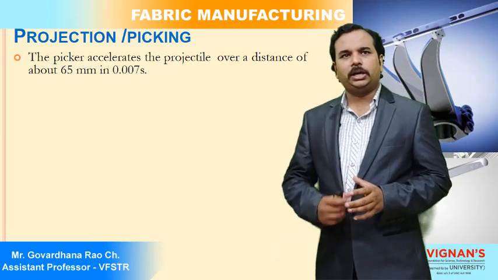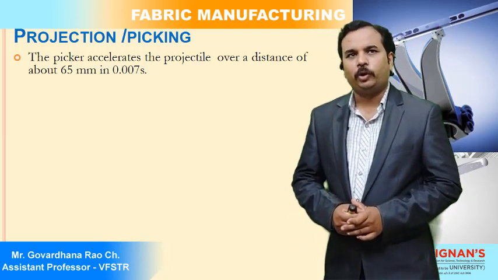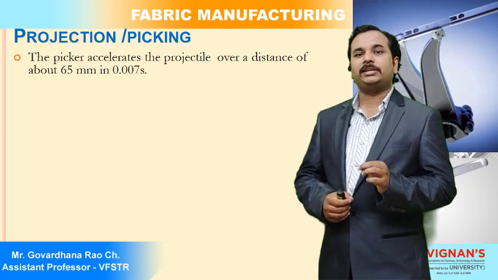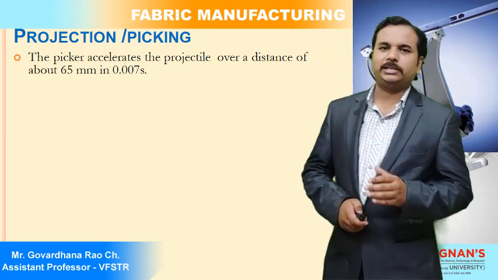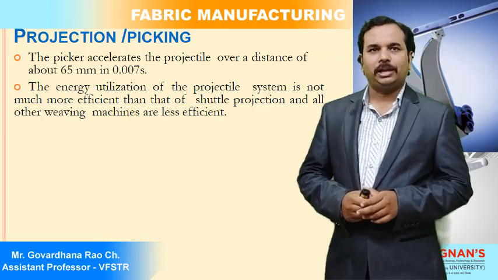The picker accelerates the projectile over a distance of about 65 mm in 0.007 seconds. This is the velocity. We will see the acceleration and velocity, what the speed is and how we can calculate it.